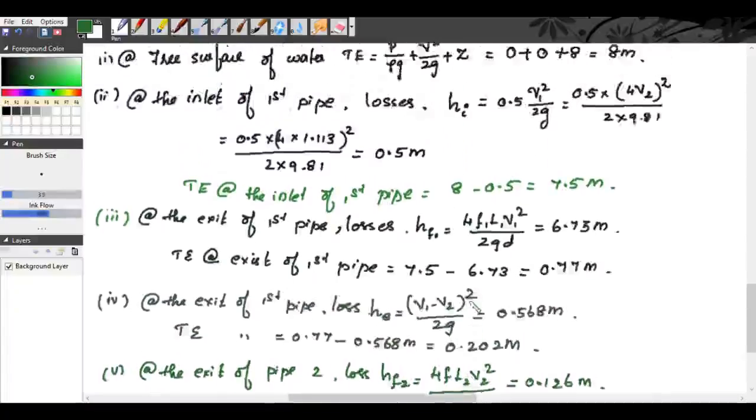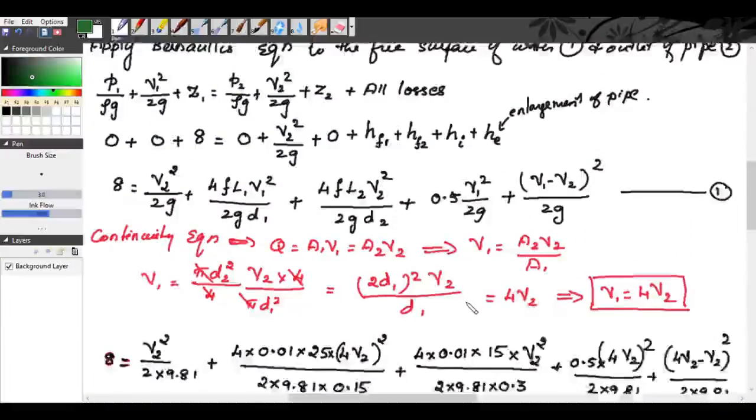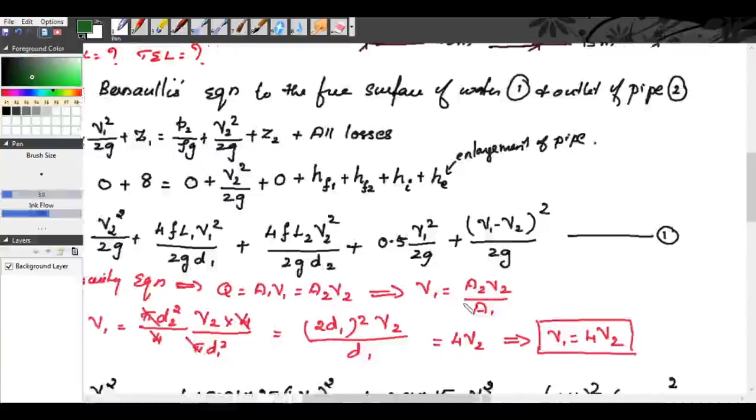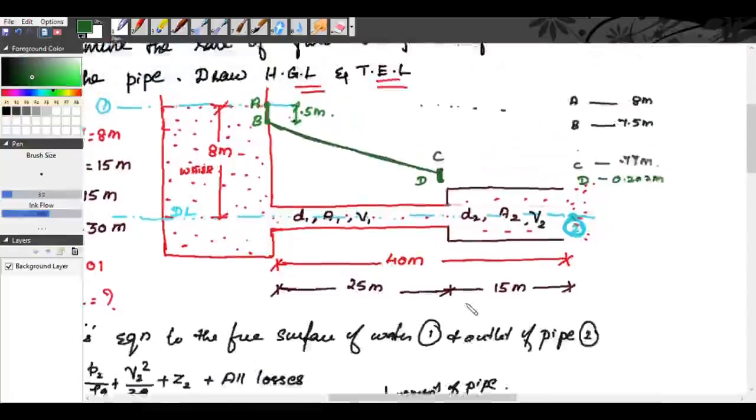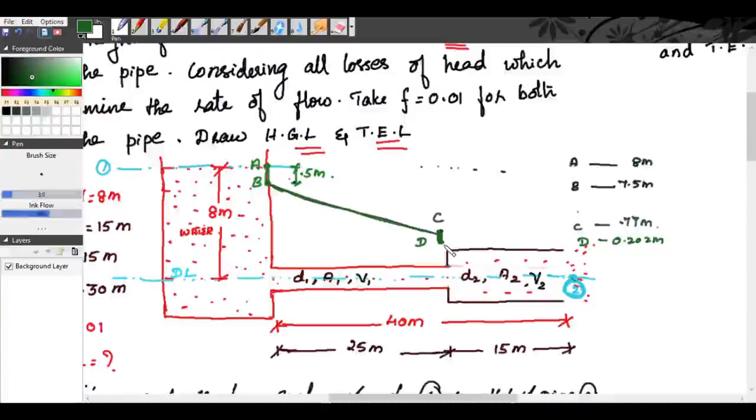So here the total energy is up to this, right? This is point E. So point E is 0.076 meter from the datum head. Join D, E.